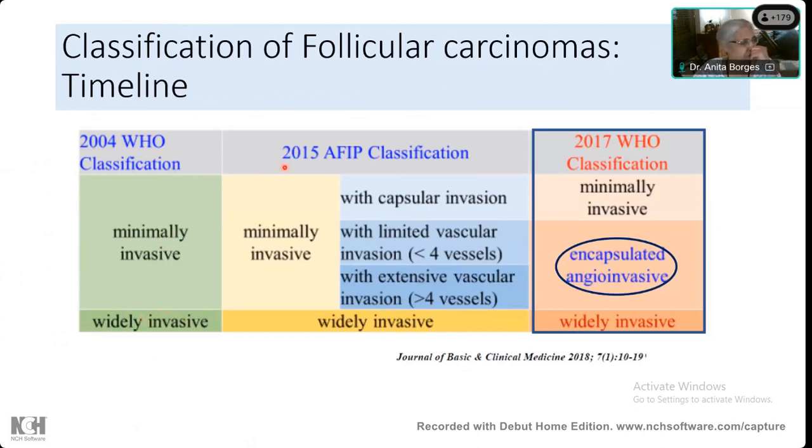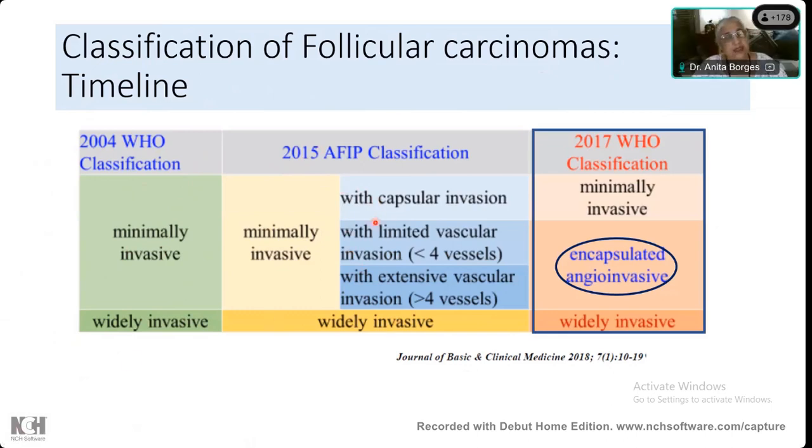In 2015, the Armed Forces Institute of Pathology, this is not the WHO, had more or less a similar kind of classification. They called something widely invasive where you had no capsule at all. It was just the tumor diffusely invading the thyroid gland, or if there was a capsule, it was so minimal that for all practical purposes, it was not a capsule.